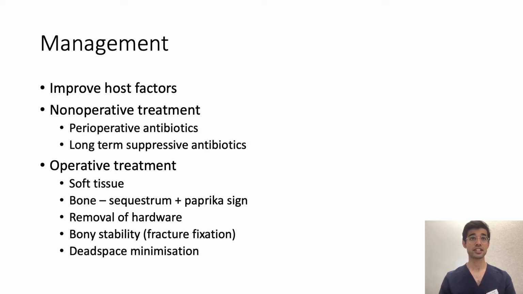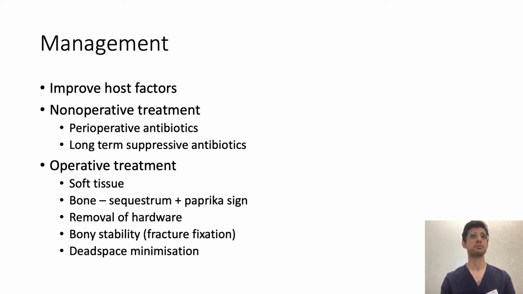If a patient has infected metalware in situ, they need to, generally speaking, be on antibiotics until that metalware is removed. And also, if there's a fracture associated, they need to be on antibiotics until the fracture is healed. From an operative standpoint, the first thing to do is address the soft tissues that are infected, so debride that away. And then similarly with the bone, the necrotic bone, you need to debride that away and debride until there's essentially a bleeding of the bone.